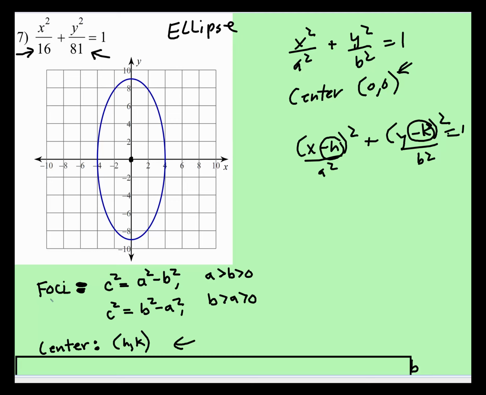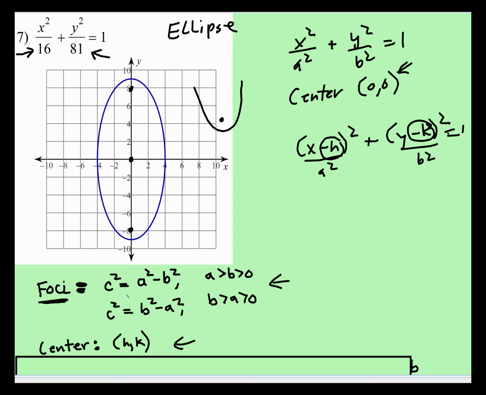Another point of an ellipse will be a foci. Remember, a parabola has one focus, but an ellipse has two. And this is how you find the focus.